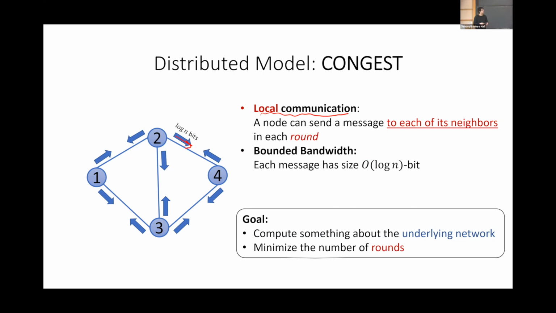That is the message they can send to each other in each round. The goal is to compute something about this graph and minimize the number of rounds. Let's say, what's the min cut in this graph? At the end, everyone in the network should know it, and the question is how many rounds you need to talk to each other. That's the setting. You can ask all kinds of questions again: minimum spanning tree, min cut, shortest path, and so on, when everyone can talk only to its neighbors.